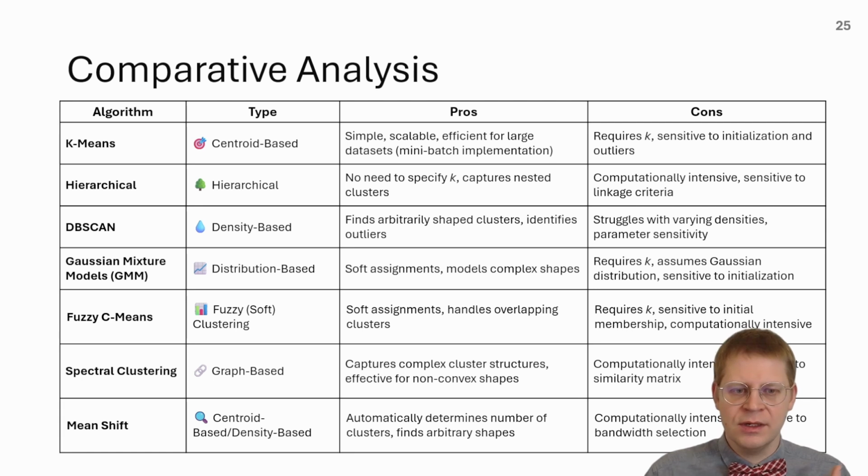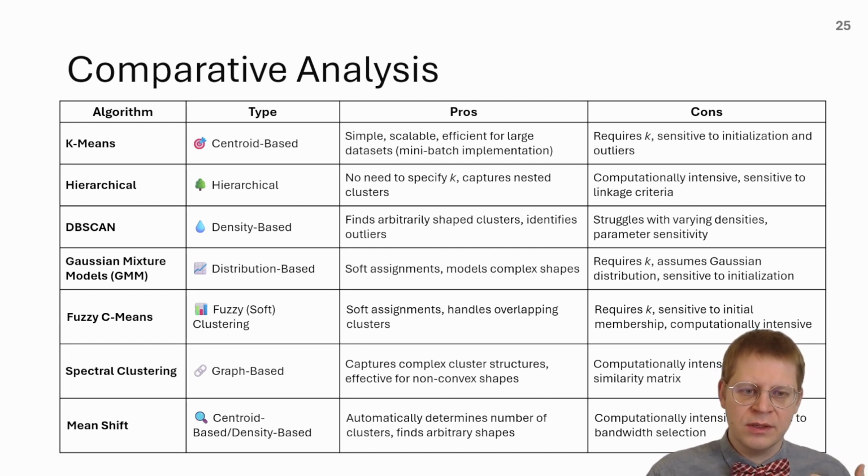On the other hand, it requires specifying the number of clusters in advance, which can be challenging. It's also sensitive to initialization and struggles with outliers, as these can distort cluster boundaries. It is ideal for quick and scalable analysis when cluster shapes are straightforward. What about hierarchical?